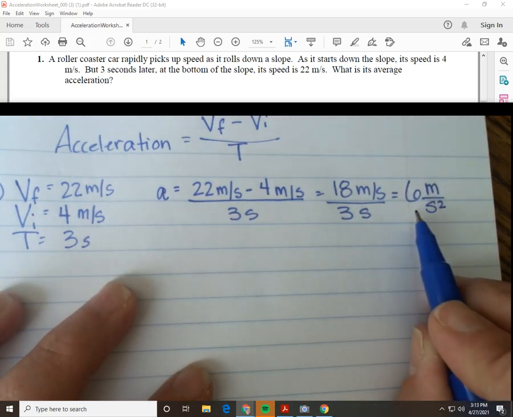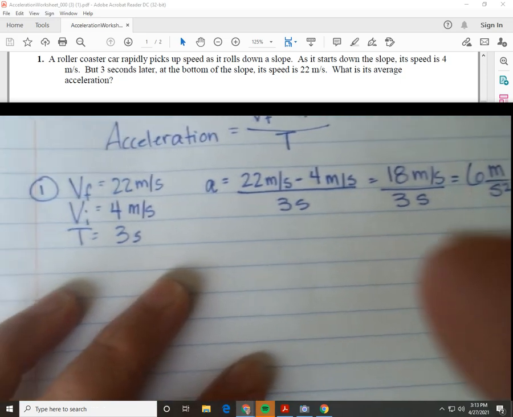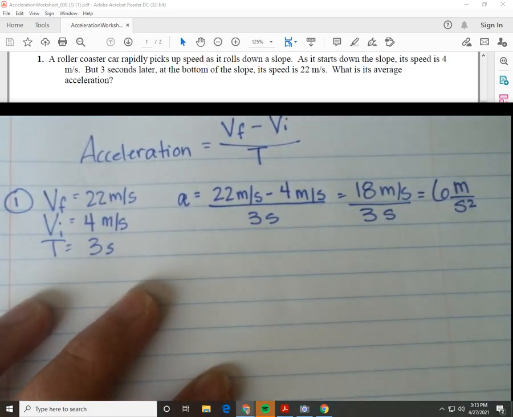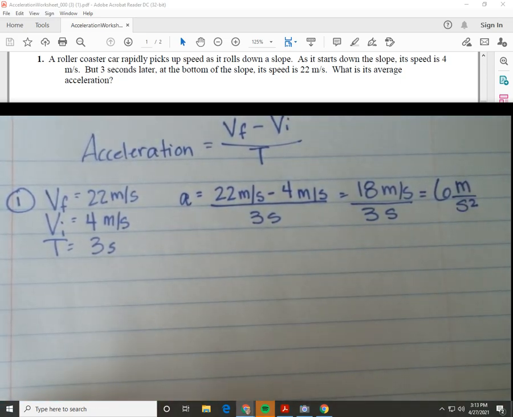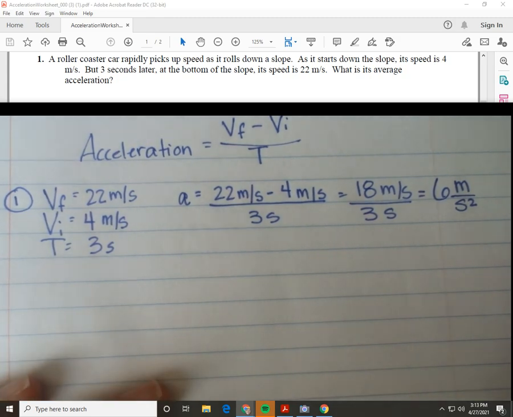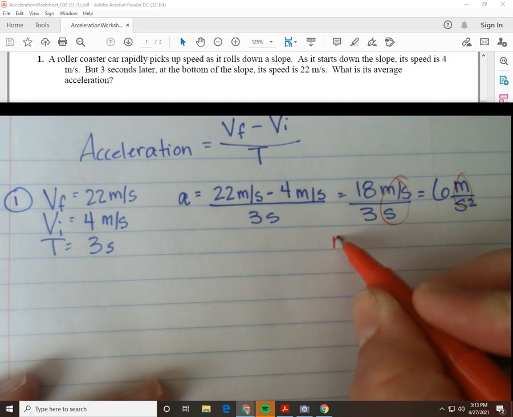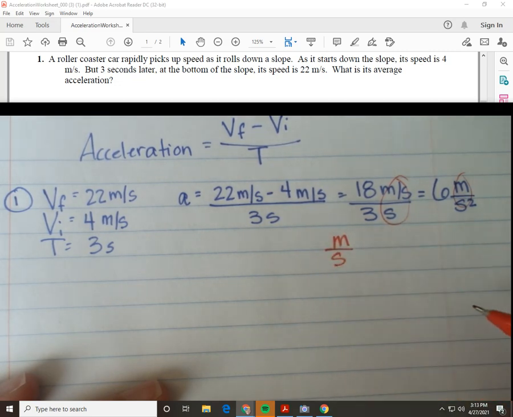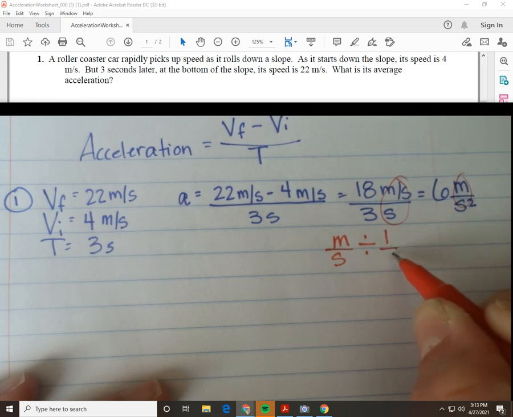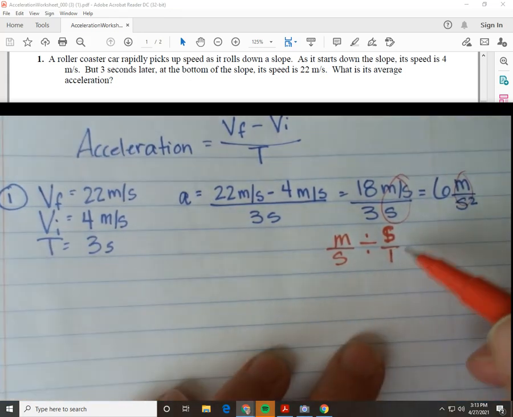So this is our answer, but let's look at that unit and make sure we understand how the unit becomes meters per second squared. So we're just going to look right at the units right here. So if I have meters per second divided by seconds over 1, because there's always an invisible 1 around our numbers.